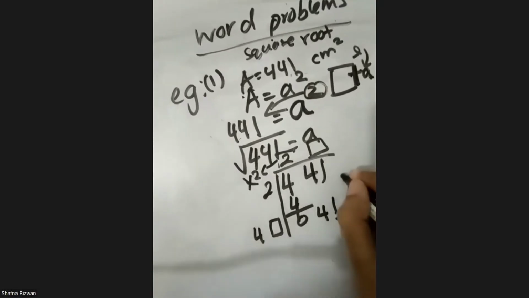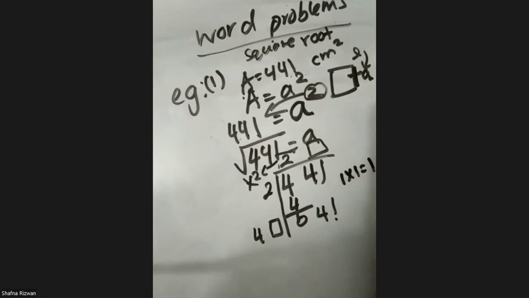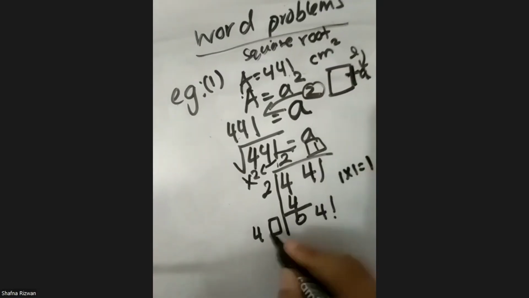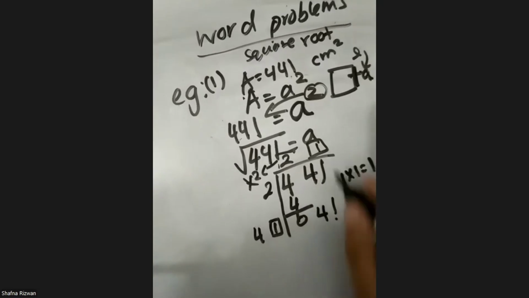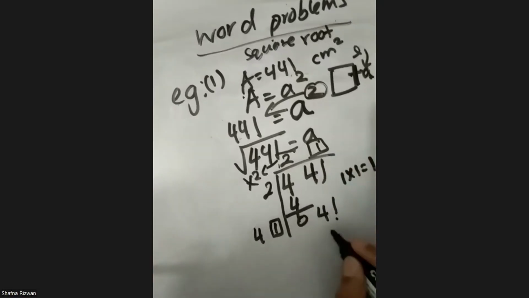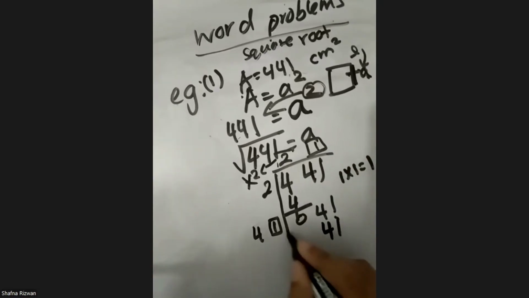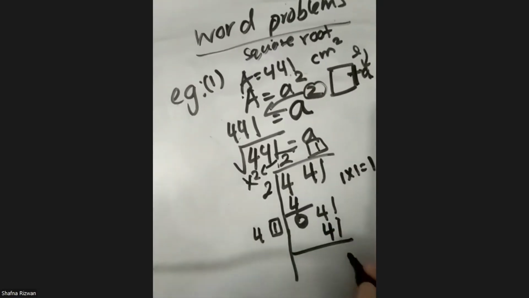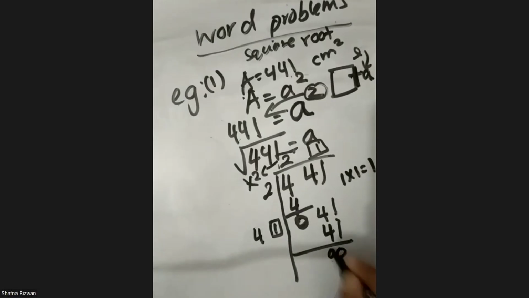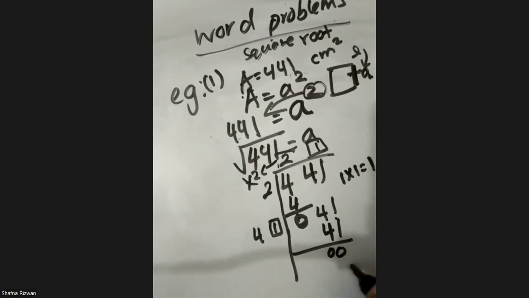That is 1 only. 1 multiplied by 1 will give you 1. So I'll take 1 here. Another one. 41 multiplied by 1 is how much? 41 itself. Then 41 minus 41 is how much? That is 0. Okay. So here we divided this equally.